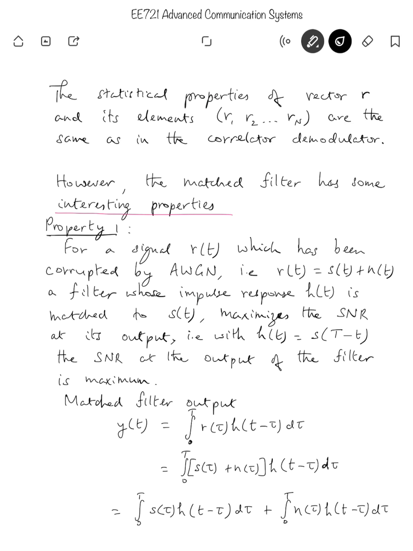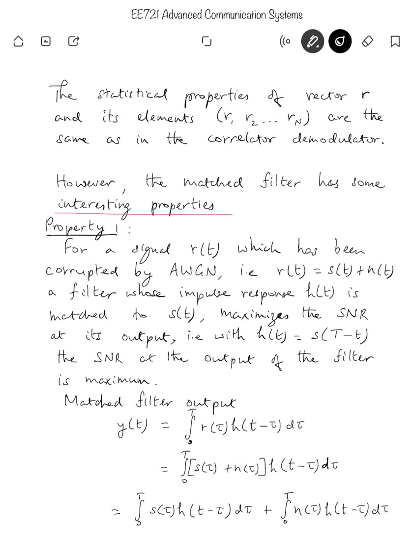So the noise mean is 0, the transmitted signal has some mean SM1, SM2 and so on, so the mean value of the received signal is the same as the mean value of the transmitted signal, but the standard deviation remains unchanged, right? And with that we had some expression which was a Gaussian distribution with a certain mean and certain standard deviation. Okay, so those statistics, those properties remain the same, even in the matched filter demodulator.